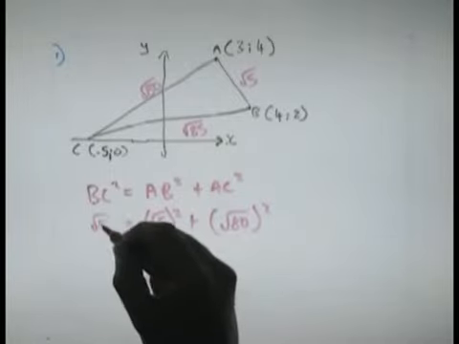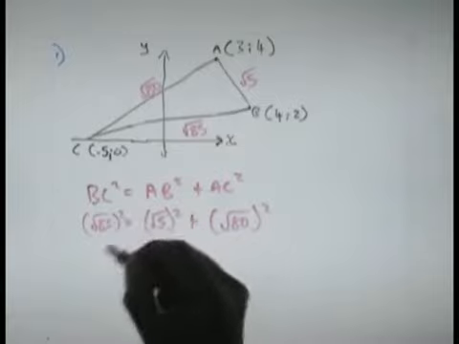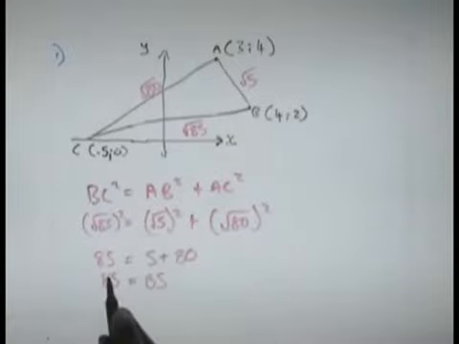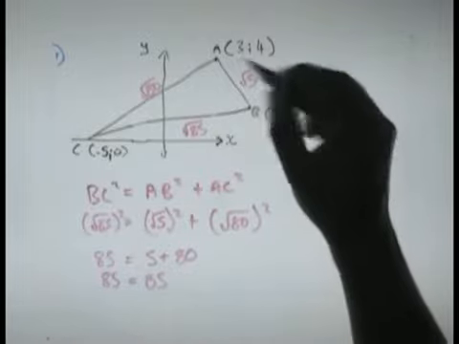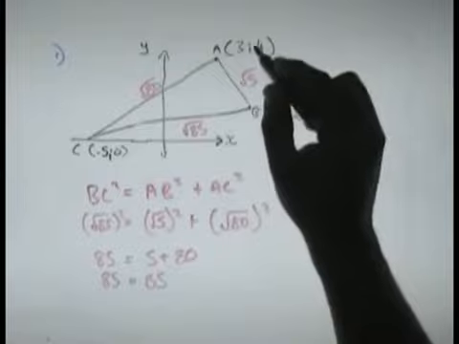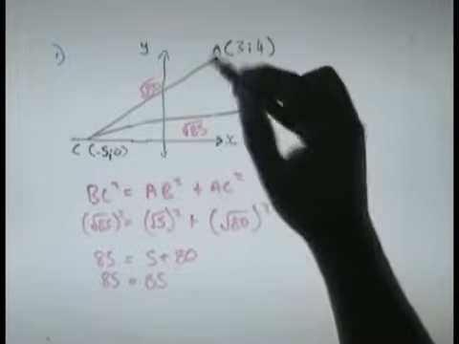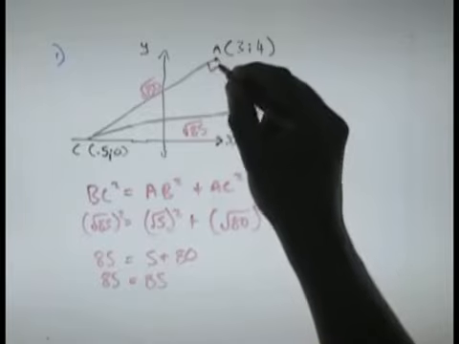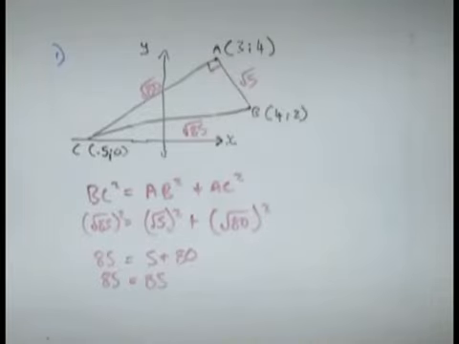BC squared is root 85 squared, which is equal to 85. That means that this holds true. AB squared plus AC squared is equal to BC squared, which means that that is a right angle triangle.